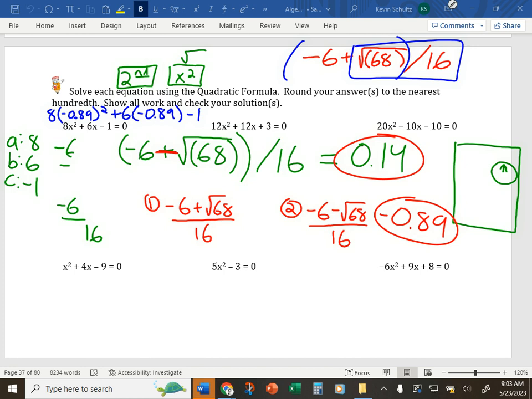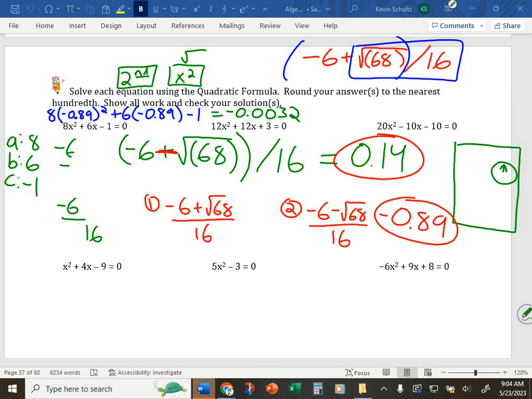If you do it correctly, you should get negative 0.0032.